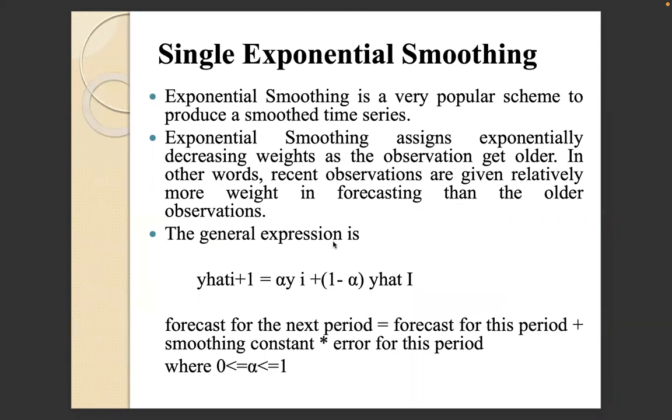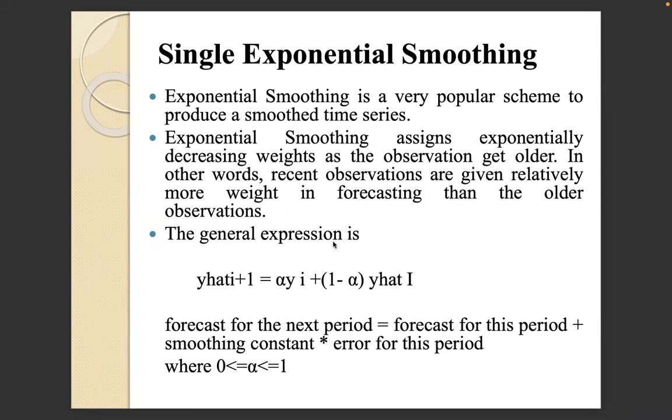This is another technique we use to forecast data. Exponential smoothing is a very popular scheme to produce a smooth time series. Exponential smoothing assigns exponentially decreasing weights as the observations get older. In other words, recent observations are given relatively more weight in forecasting than older observations.